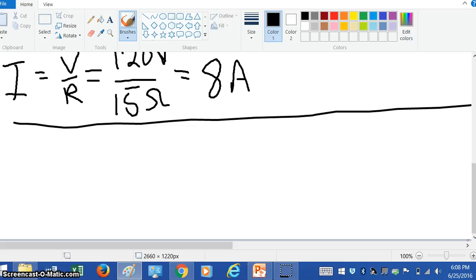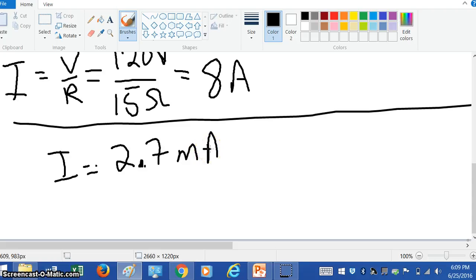Suppose we had a current of 2.7 milliamps, and we also knew that the voltage was, oh, I don't know, how about 80 volts, in some simple circuit.